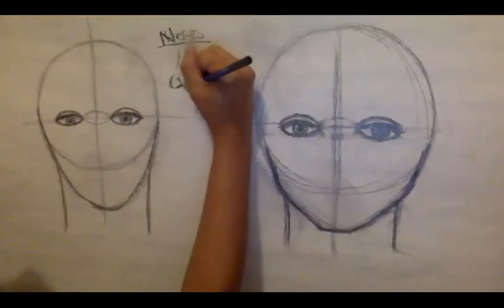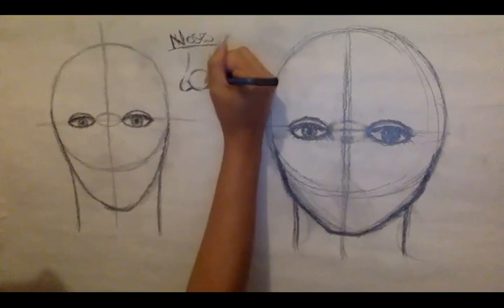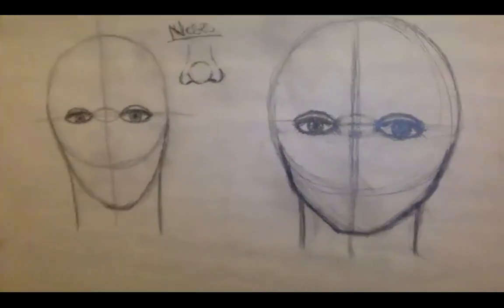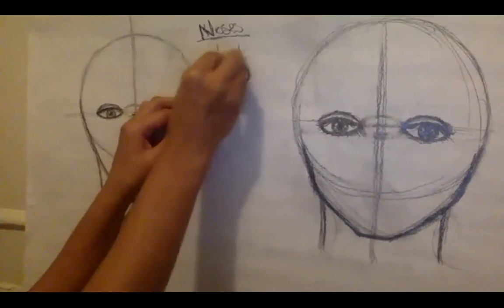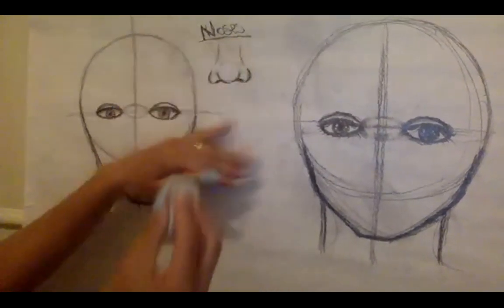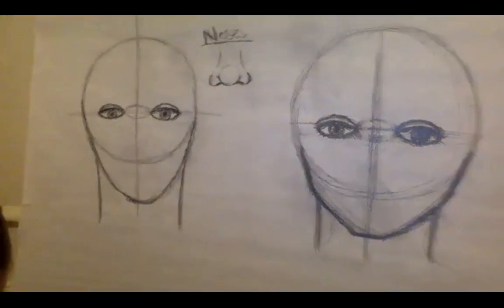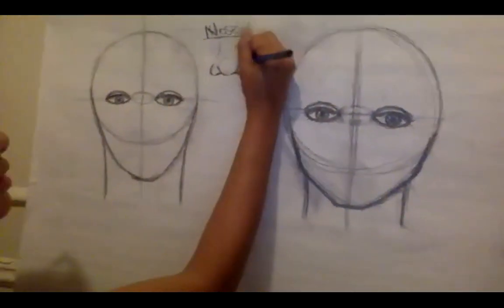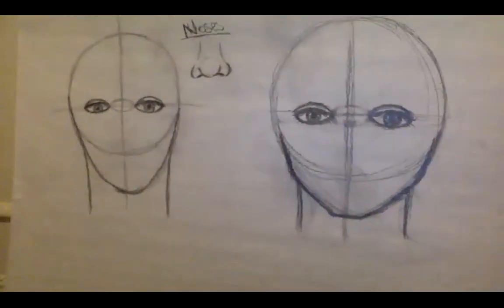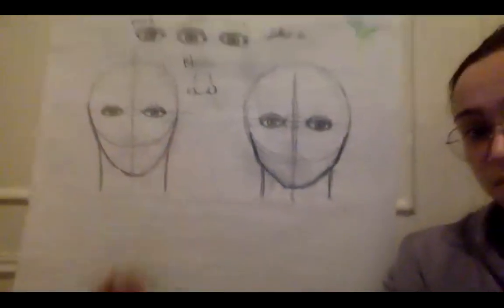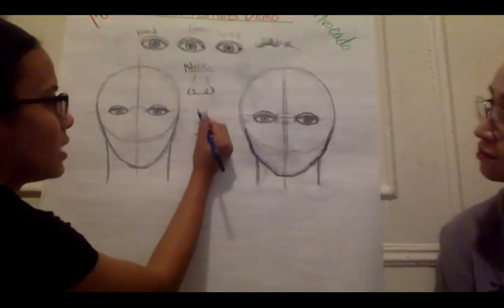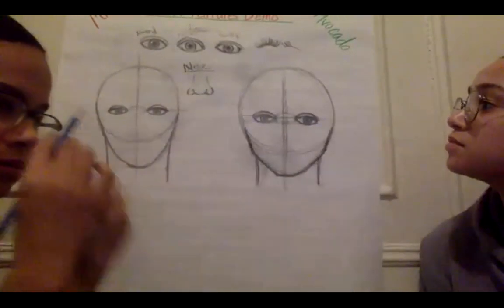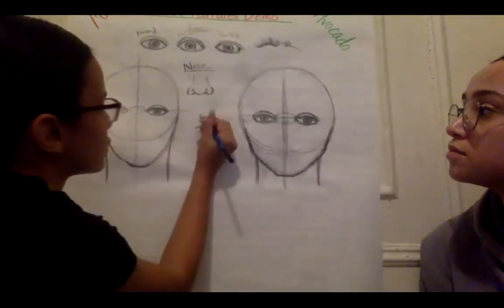Not gonna erase all the lines, but there we go. Okay. So that is a standard nose, but then we have another one, okay? And we start off with a kind of like an oval, okay?